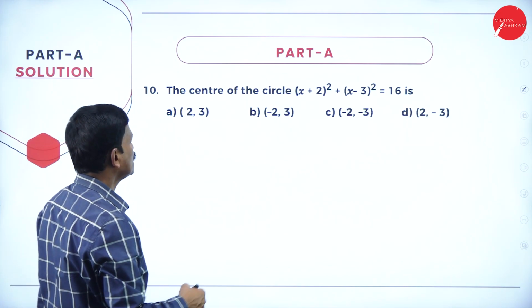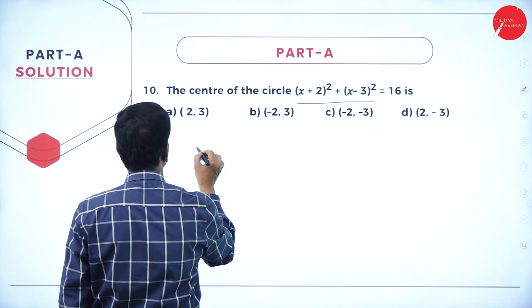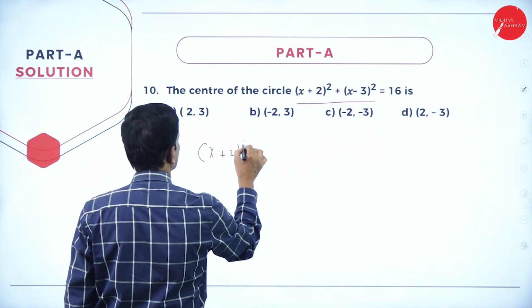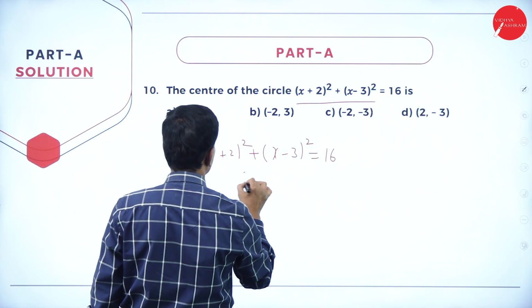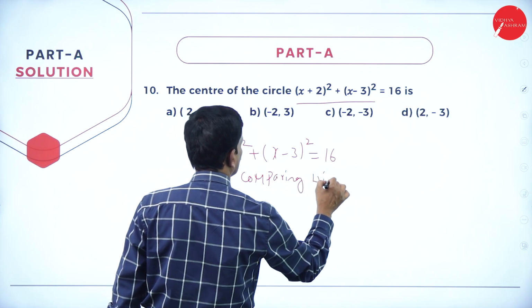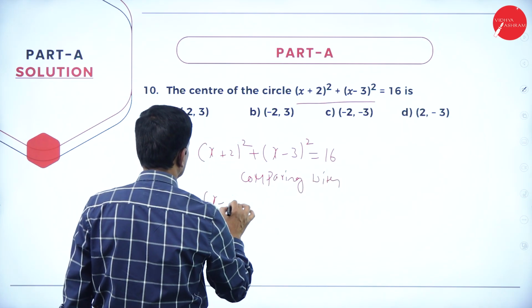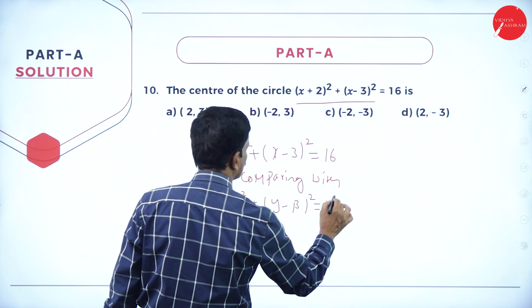Now, the center of the circle (x plus 2) whole square plus (y minus 3) whole square is equal to 16. Just comparing with the standard equation: (x minus alpha) whole square plus (y minus beta) whole square is equal to r square.